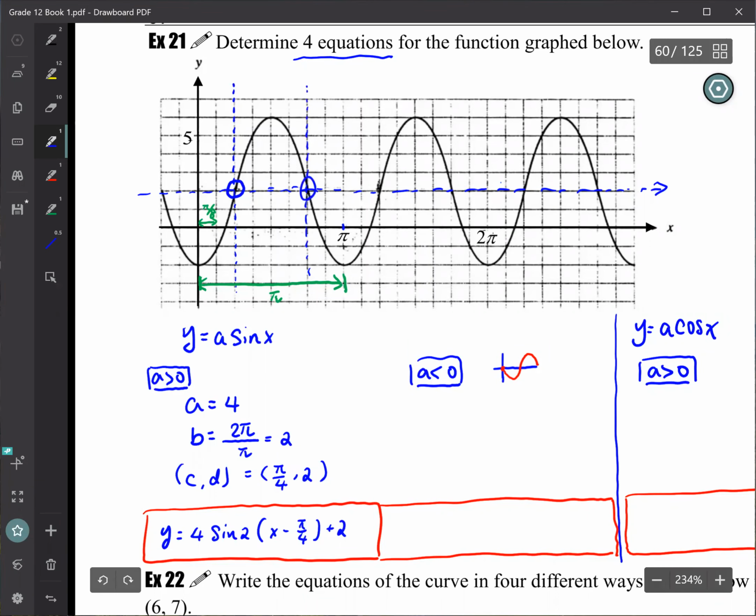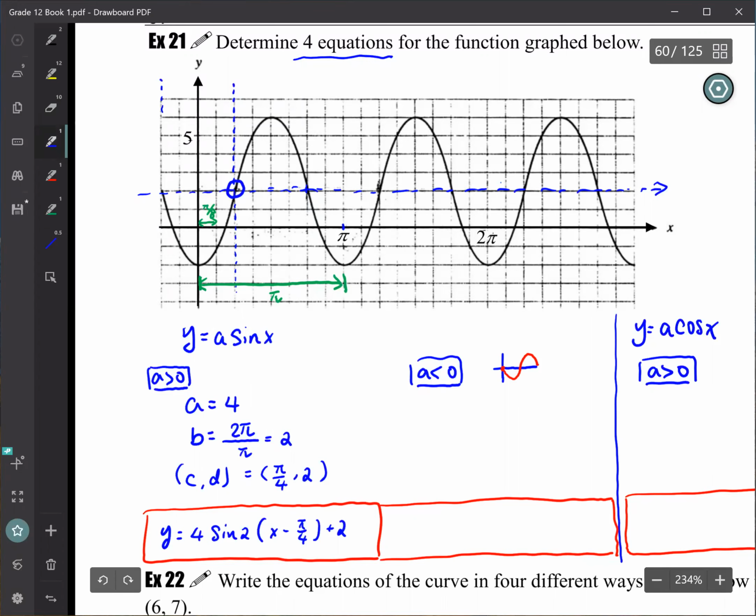Yeah. Okay, that works. But is there a closer one? Another place that is closer to the original y-axis than this one? Negative 2 pi over 8 and 2. Yes, very good. Okay, so you will pick that one.